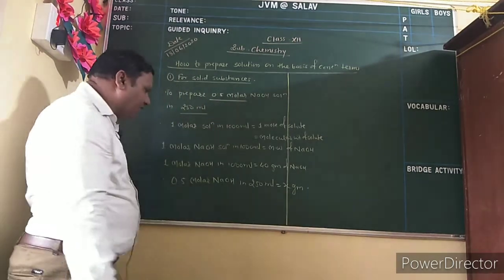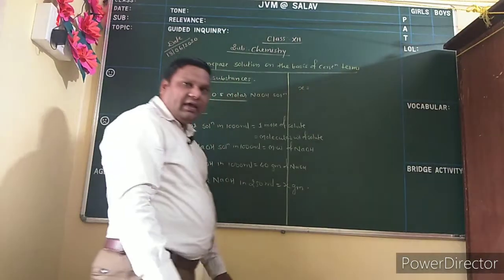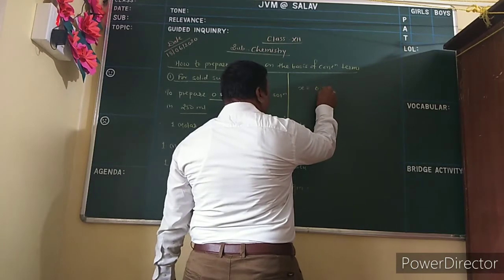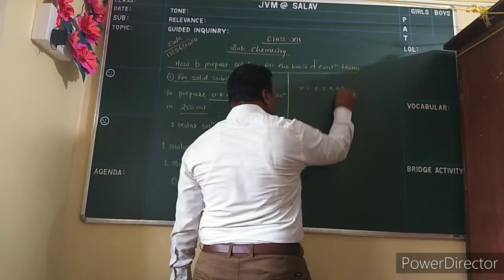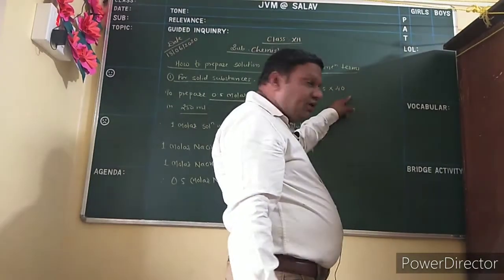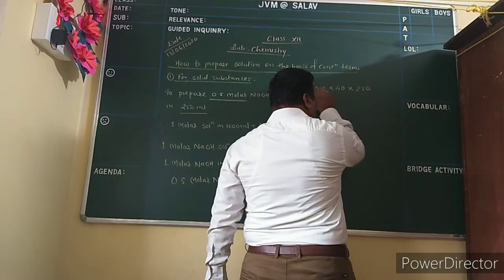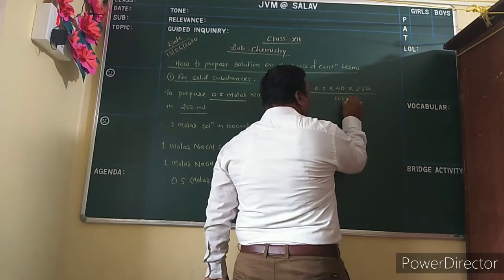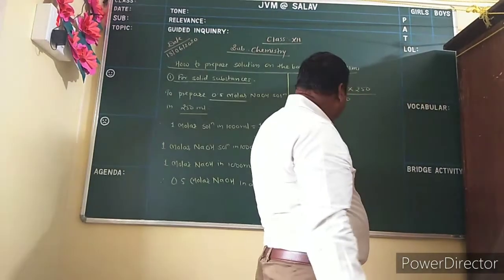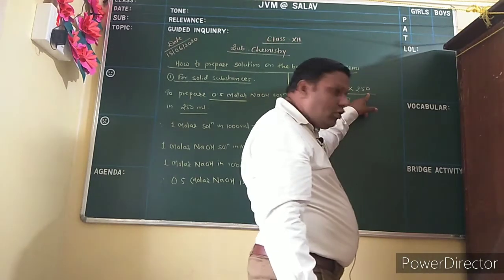Now x is equal to 0.5 into 40 into 250 upon 1000. What is 0.5? The molarity. Here 0.5 is the molarity, 40 is the molecular mass, 250 is the volume.